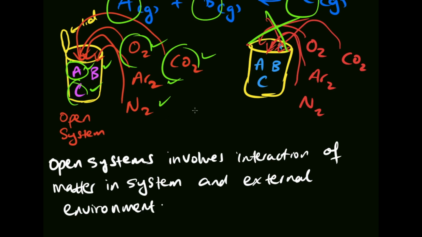Okay, now let's have a look at closed systems. So closed system does not involve the interaction of matter in the system and matter in the external environment.